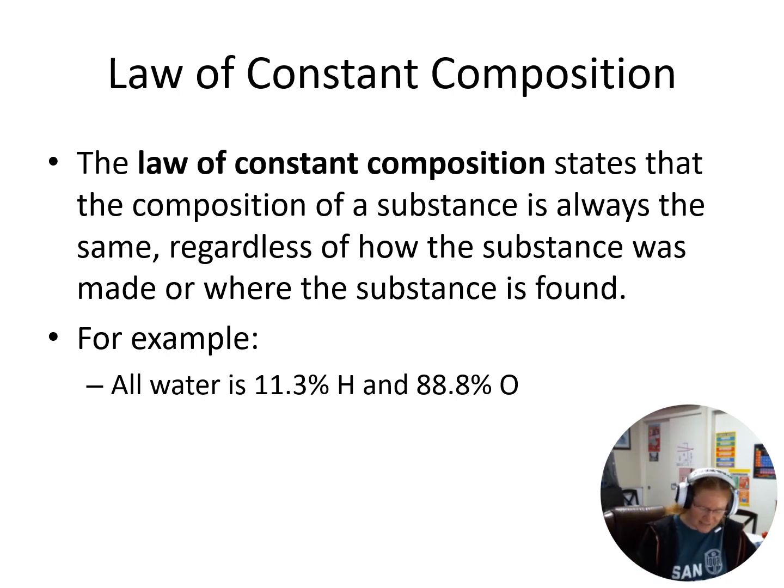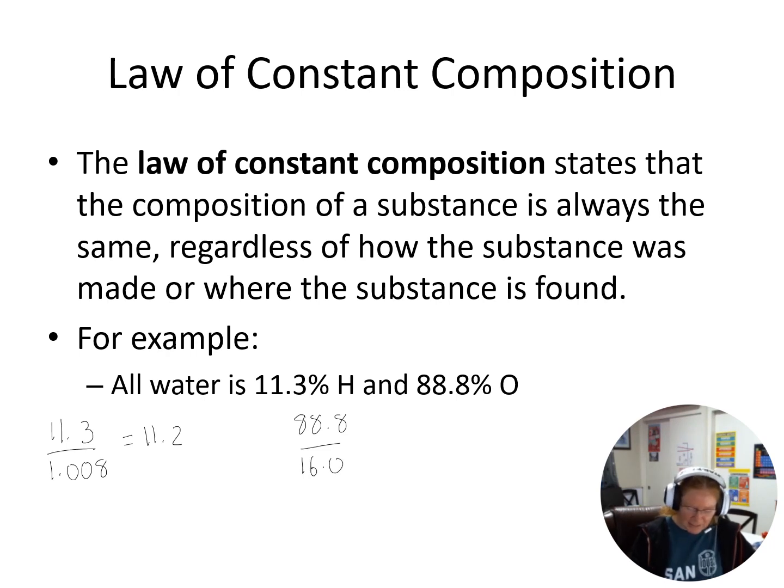So I'm going to take this 11.3, I'm going to divide it by this 1.008. If you look on the periodic table, the mass of hydrogen is 1.008. I'm going to get 11.2. Oxygen, I'm going to do 88.8 divided by 16. Depending on the periodic table you look at, you may see 16, you may see 15.99999. I'm going to get 5.55.